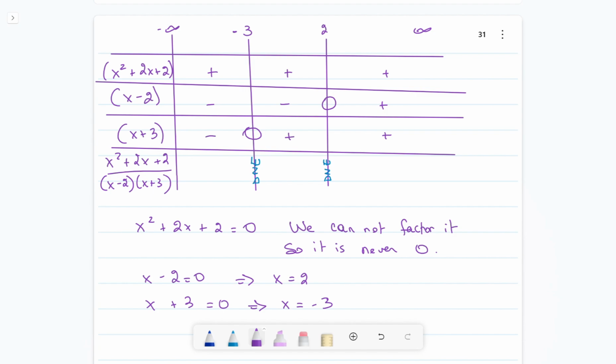Positive times positive times negative is negative, negative times negative is positive. Second interval, positive times negative is negative, negative times positive is negative. Now third interval, positive times positive times positive is positive.